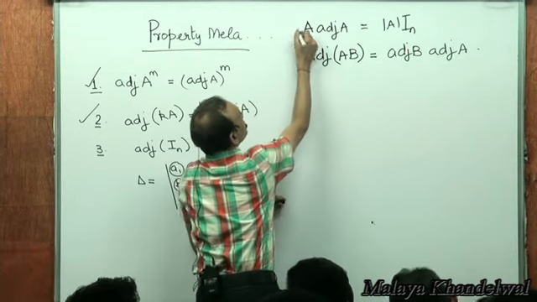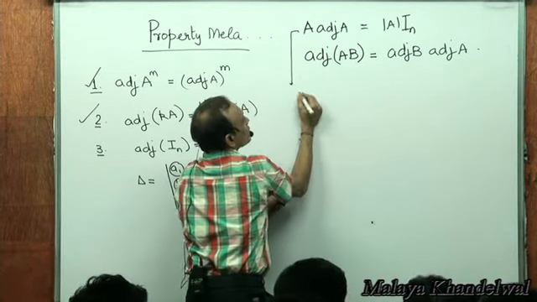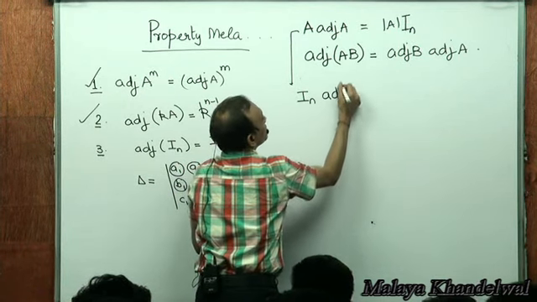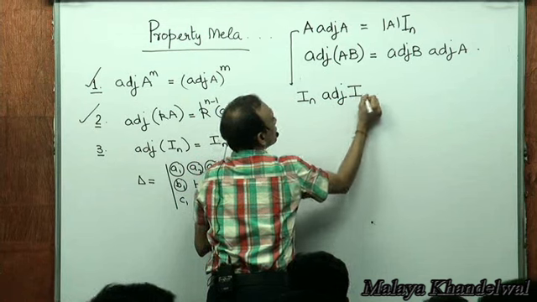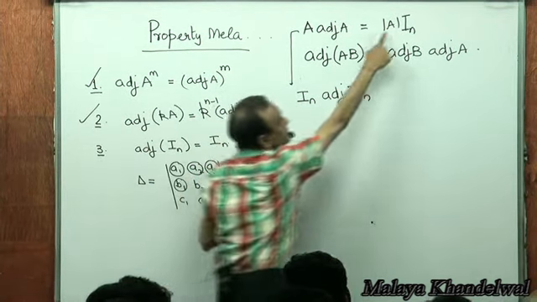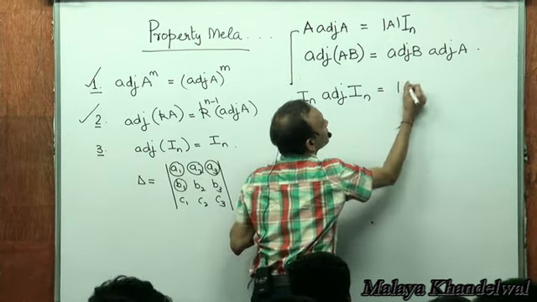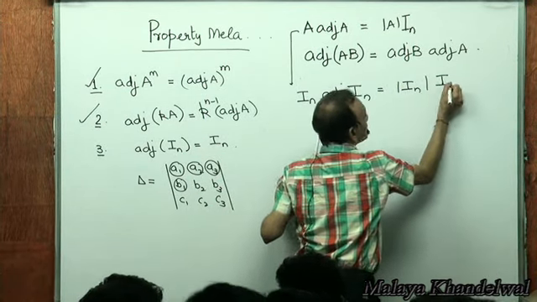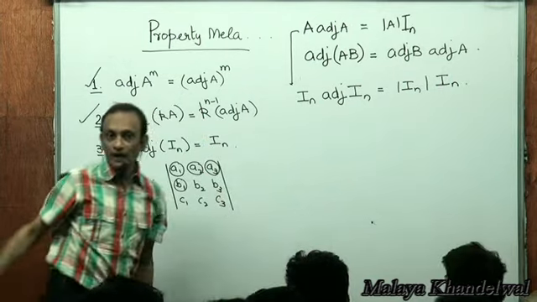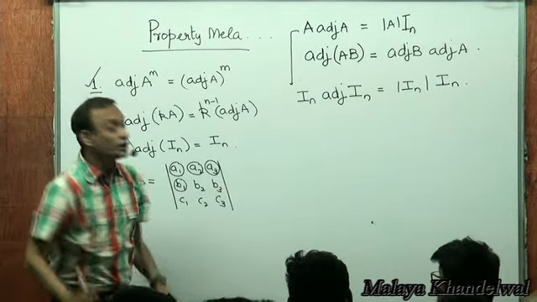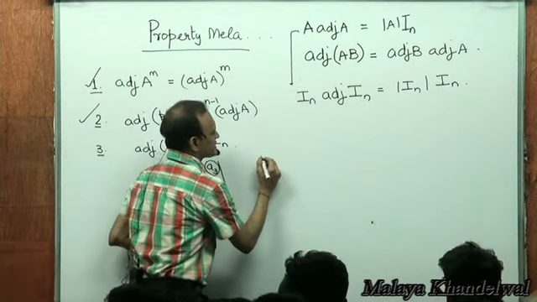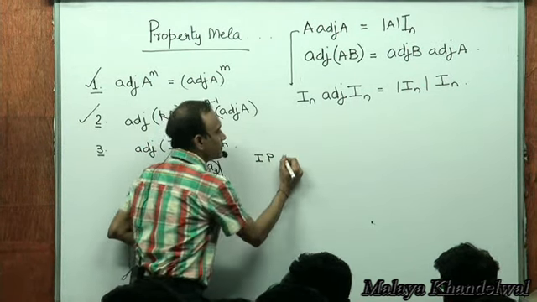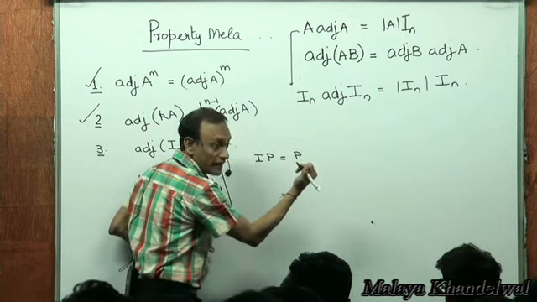So if I replace A by In, I get In adjoint In equals determinant In into In. Yes or no? Now, if any matrix is multiplied with I, you get the same matrix. That's why it's called an identity matrix.